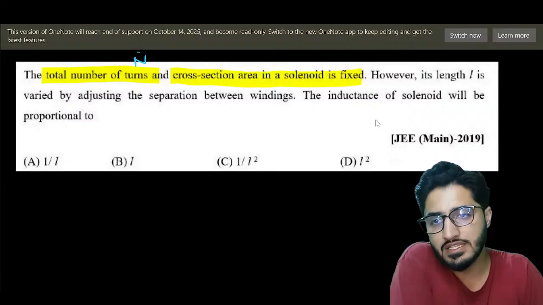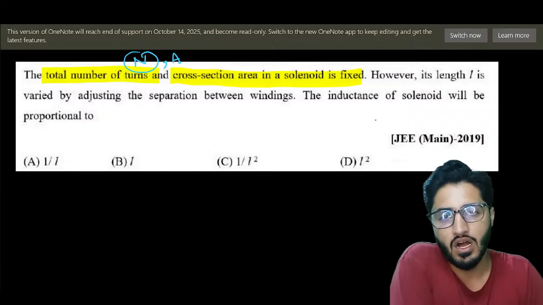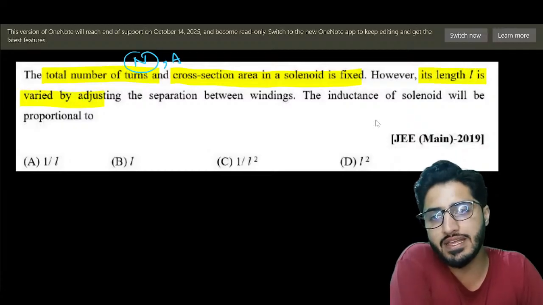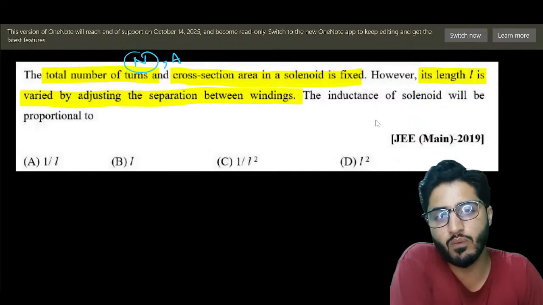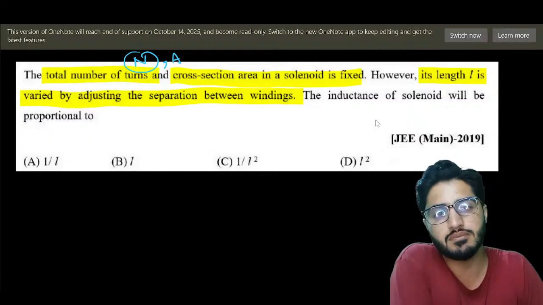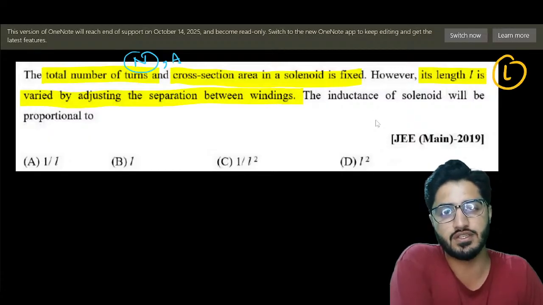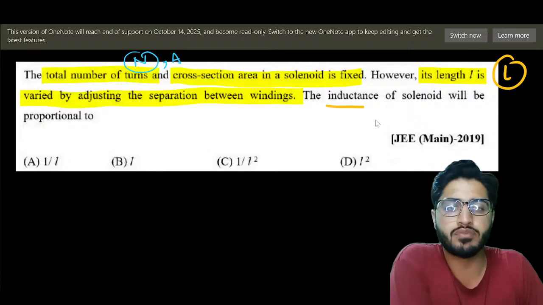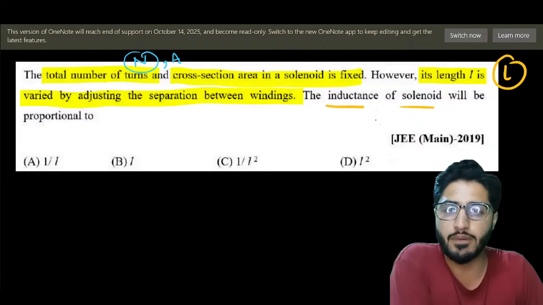That means this capital N and area A are fixed. However, its length L is varied by adjusting the separation between the windings. That simply indicates my L is not fixed.